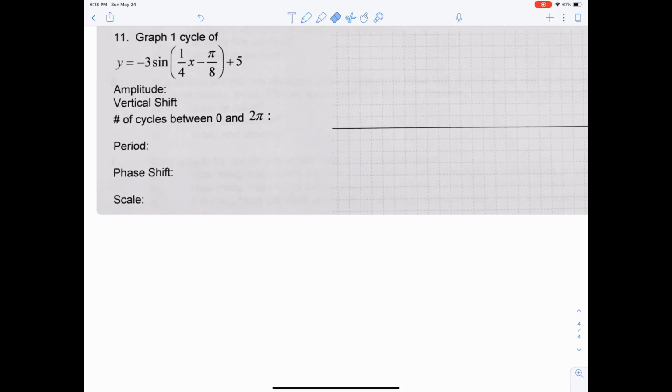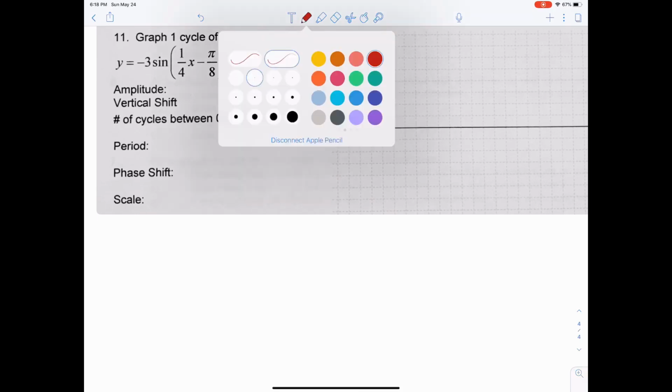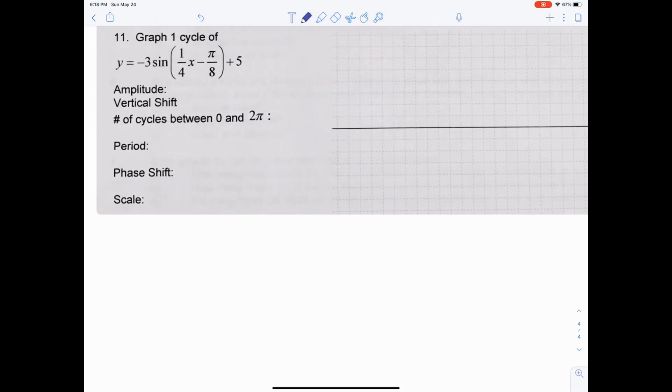First, we will copy this problem in blue pen: y equals negative 3 sine a quarter of x minus pi over 8 plus 5.